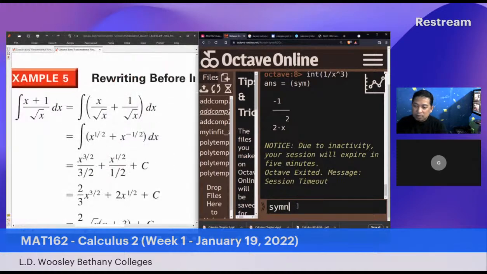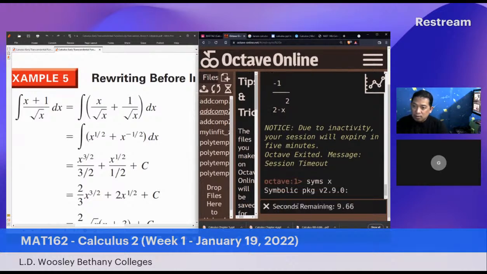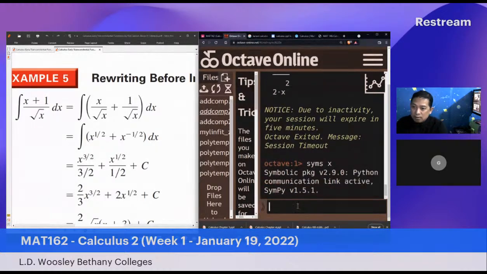Perhaps we could symbolic x, and then you have integral of, actually pag nag-octave or MATLAB, you don't need to rewrite, diretso na. Nagre-rewrite lang tayo for this type of computation, manual computation. So that mas mapapadali ang ano. Pero sa octave, you don't need. You just need to type the original problem.